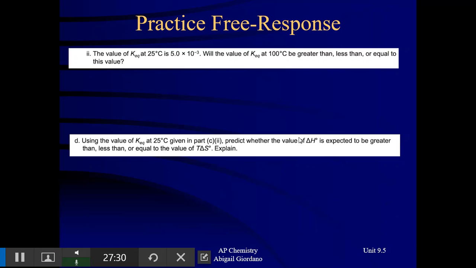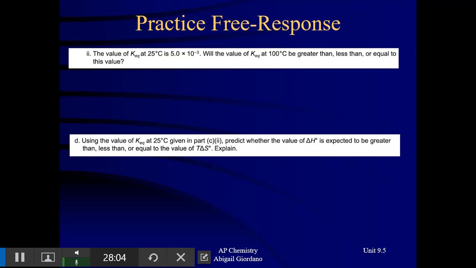Okay. Next part says the value of the equilibrium constant at 25 degrees is 5 times 10 to the negative third. Will the equilibrium constant at 100 degrees be greater than, less than, or equal to this value? Okay, well, think back to what we said at an earlier part. At higher temperatures, this particular reaction will become more favorable in the forward direction.